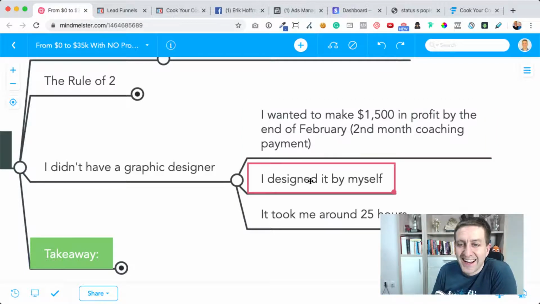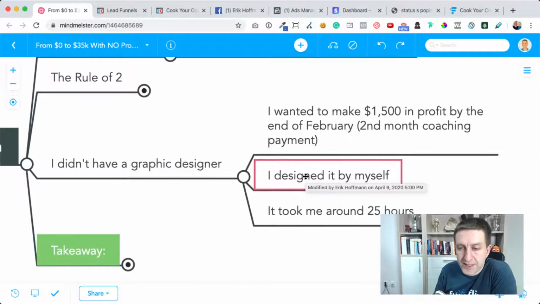I designed this sales page by myself for two reasons. The first one, I didn't have enough time to find somebody to do that, and the second reason, I wanted to go all in with my product and do my best. I have little experience in graphic design.